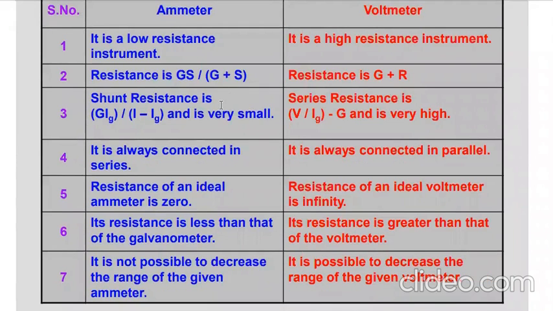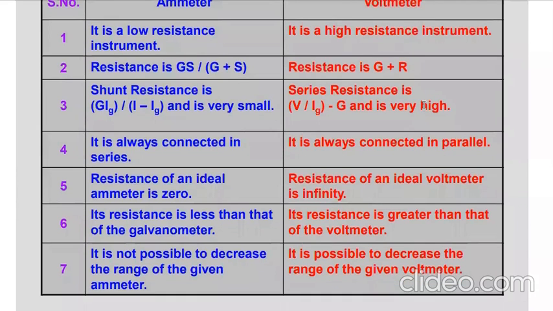Shunt resistance in case of an ammeter will be very small, while in case of a voltmeter it will be very high.